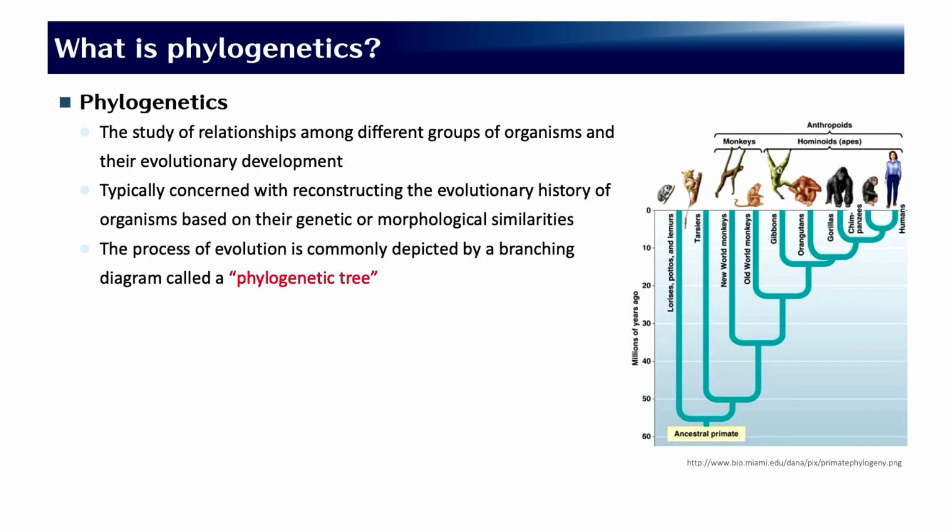The term phylogenetics may not be quite familiar to you, but I think most of you have probably seen a tree depicting the evolutionary processes of different species, such as humans, chimpanzees, gorillas, and so on. As you see, evolutionary relationships between organisms are commonly represented by a tree called phylogenetic tree.